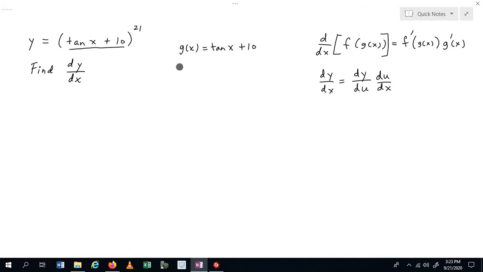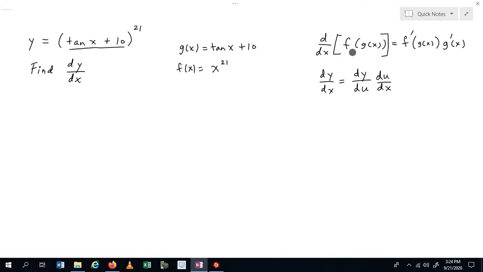And then that would mean the outer function would have to be x raised to the 21st power. Now, if you form the composition f composed with g, you will get this function.